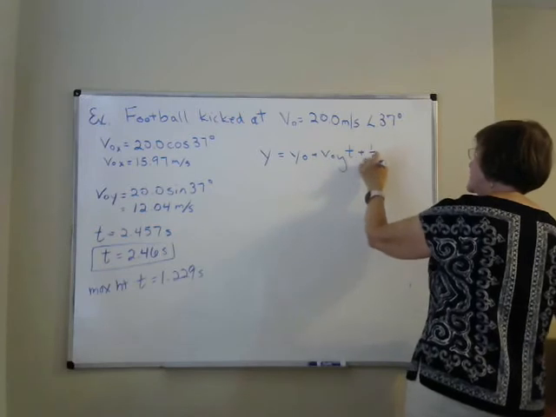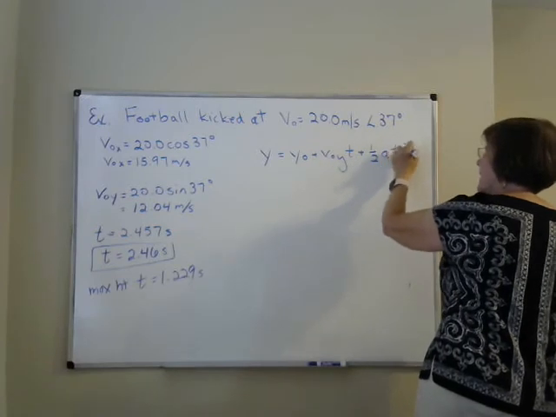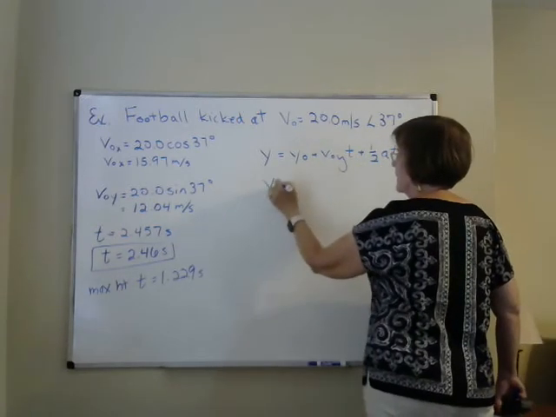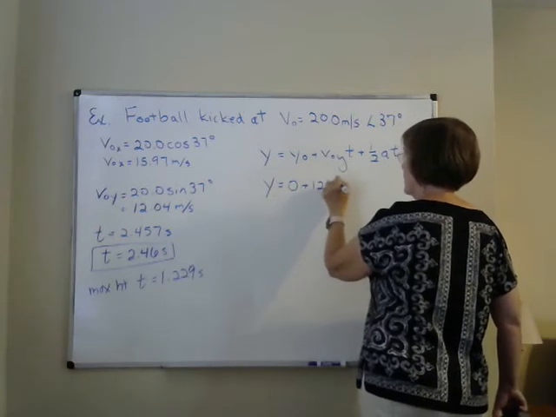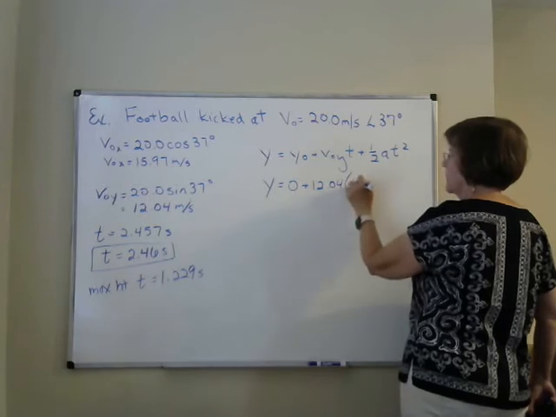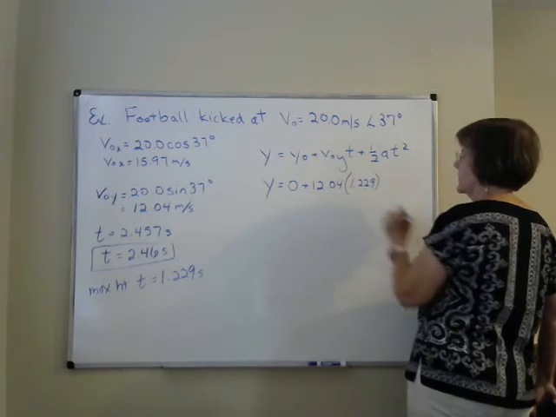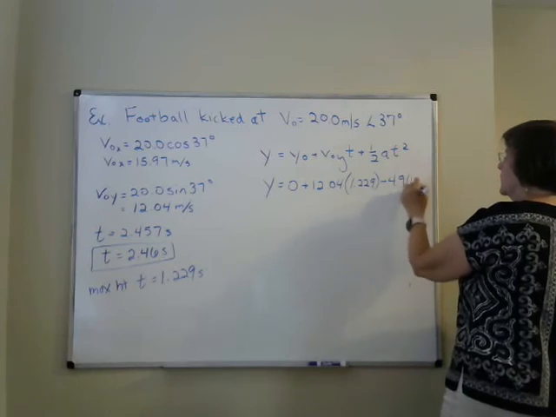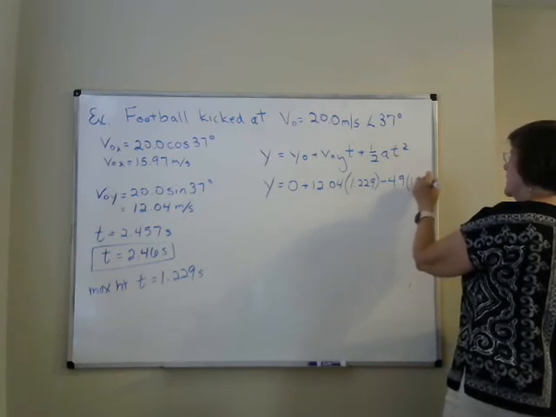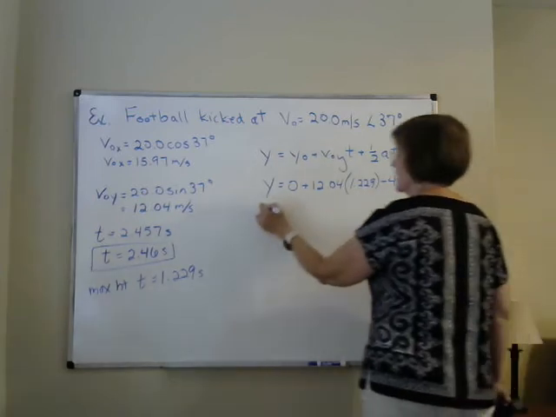Same equation at that time. Well, that was 0. This is 12.04. We're going to put in 1.229 for the time minus 4.9 times 1.229 squared.